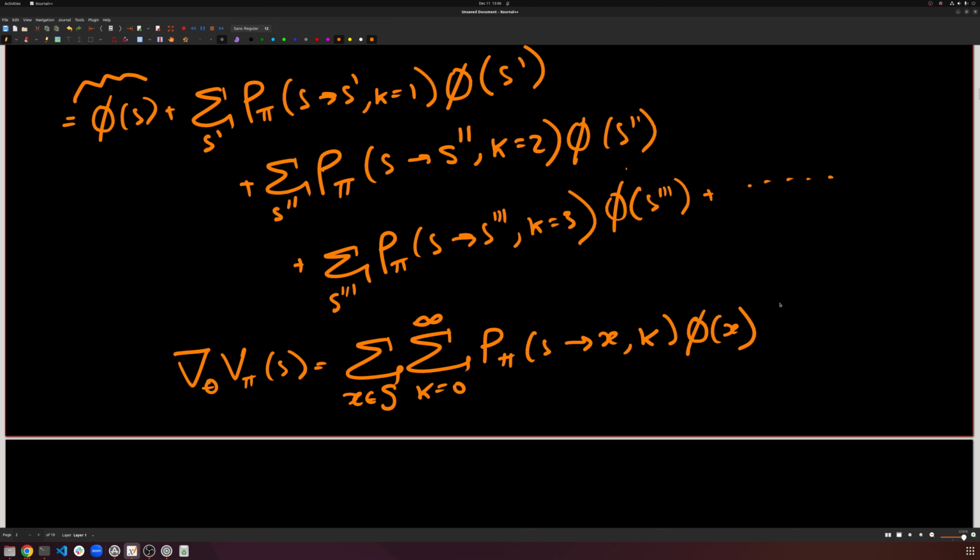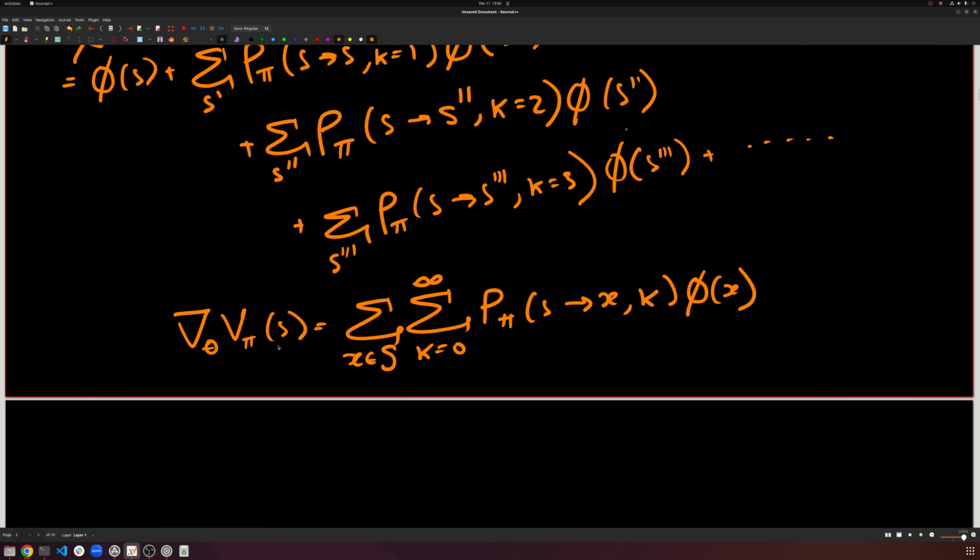And that's all it is, right? We're basically asking what is the probability that starting from some state s, we end up at some other state x in all the different k steps that we can take, from 0 steps all the way up to infinity steps.